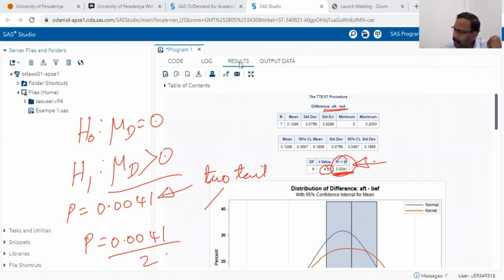That is why here it is given as p greater than absolute t. It is two tail probability, which is why you have the absolute value. Two tail means you have plus on this side and minus on this side.